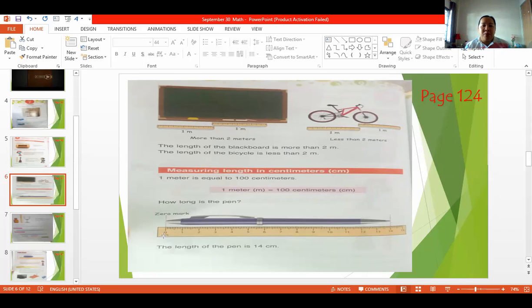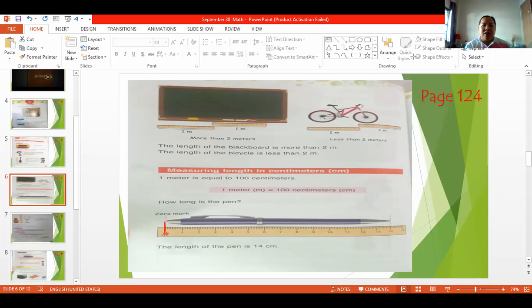Some rulers didn't put zero, right? So what are you going to do? The same as mine, the other one, there is a line before one. Start from that line. But some rulers have no zero and no line, so you can use the edge of your ruler.